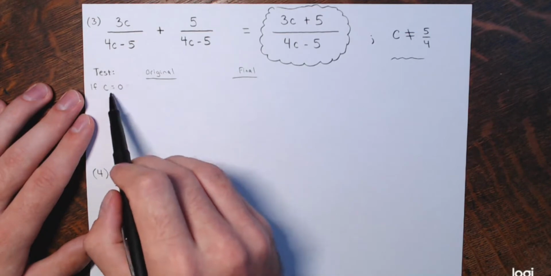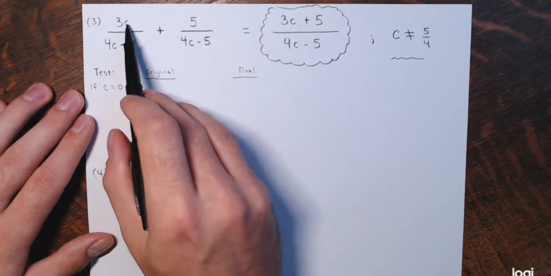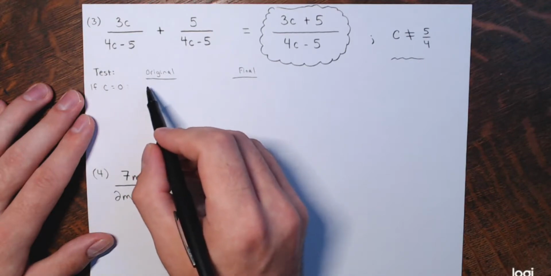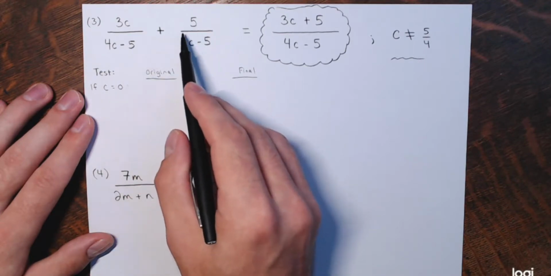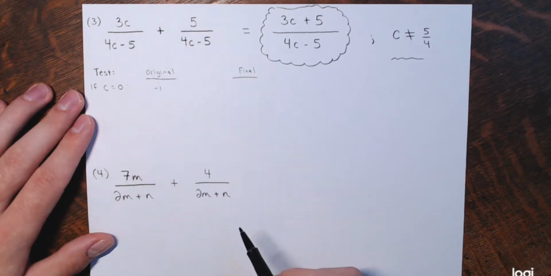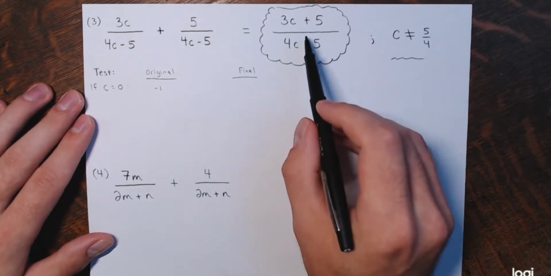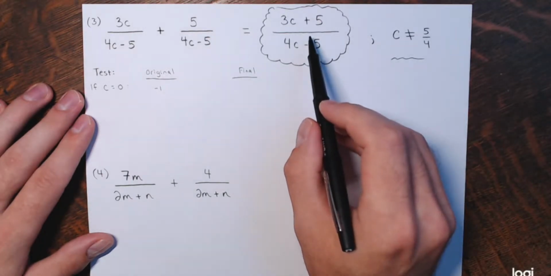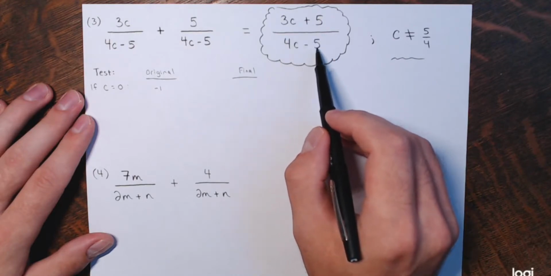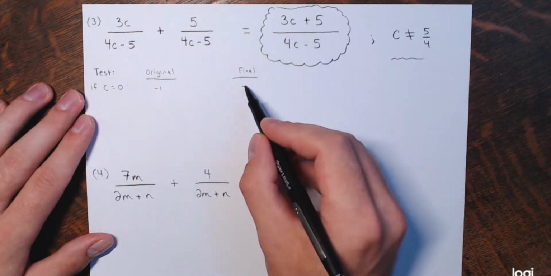Well, if c were 0, we'd have 0 divided by -5, so that'd just be 0, plus 5 divided by -5 would be -1. 0 plus -1. The original expression would have a value of -1. The final expression would be 5 in the numerator, -5 in the denominator. 5 divided by -5 is -1.